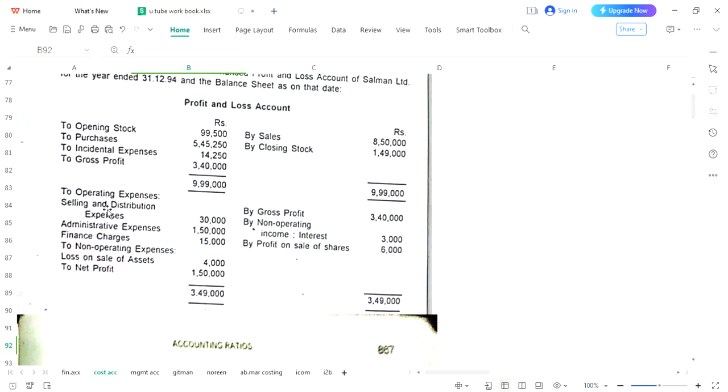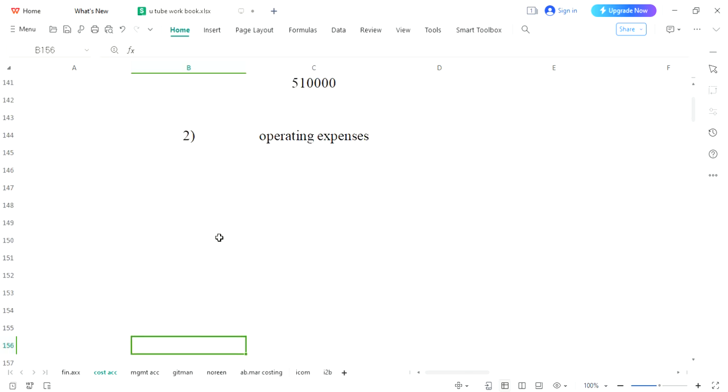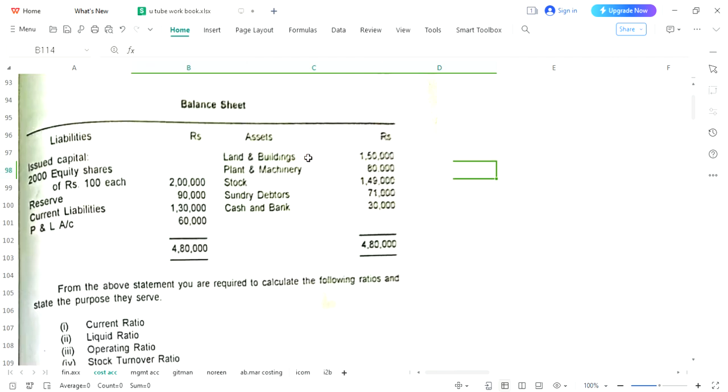We do not need to do any hard work. Operating expenses by heading is given in the question. So 30, 150 and 15. Here you will write 30,000, 150 and 15. I'm hopeful that these were the same.